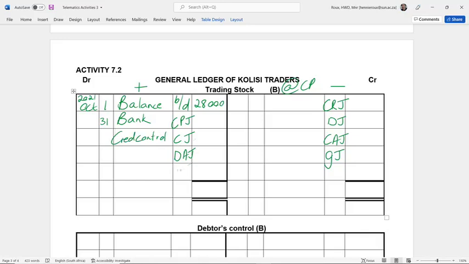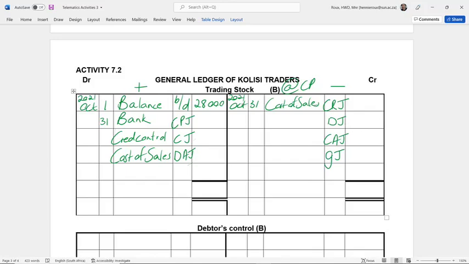In the debtors allowance journal, the debtors return trading stock at cost price, cost of sales. In the CRJ, we sell cash, but we sell at cost price, cost of sales. This is all on October the 31st. In the DJ, we sold on credit.